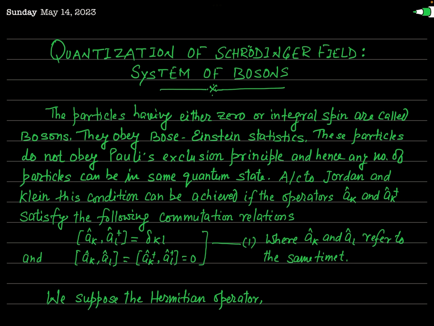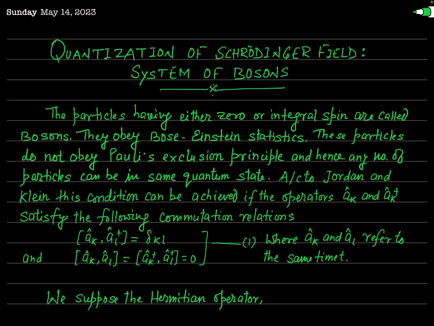And as I told you in that lecture, for convenience we have to divide this lecture into three parts. The first part you have already attended. Now the remaining two parts we will see now.